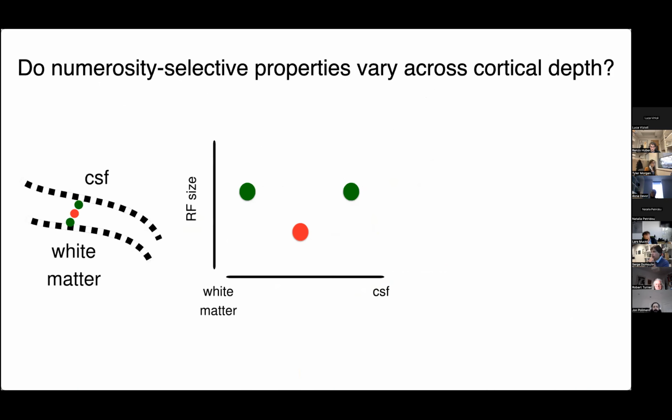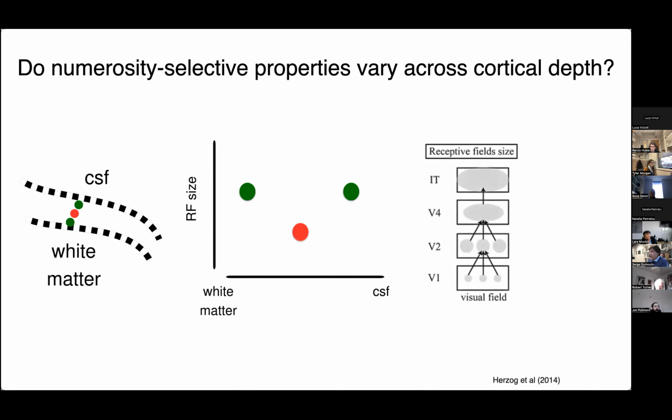The idea is very similar to the first experiment we talked about, where the information comes into central layers and is then accumulated in the deeper and superficial layers. This is the idea we've talked about before, that across the visual hierarchy there is pooling and the receptive fields get bigger.